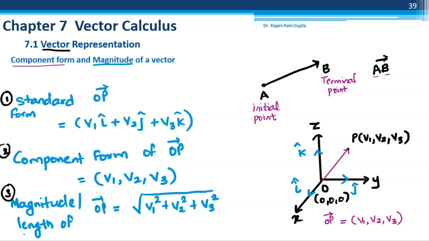Now let's see how we can work if we have two different points A and B, and how we find the vector. Let's say we have a point A with the coordinates x1, y1, and z1.